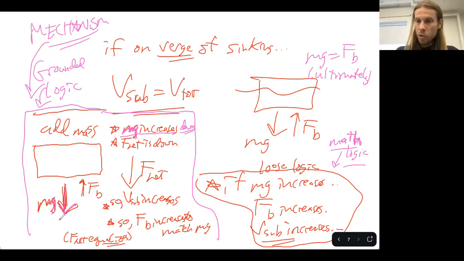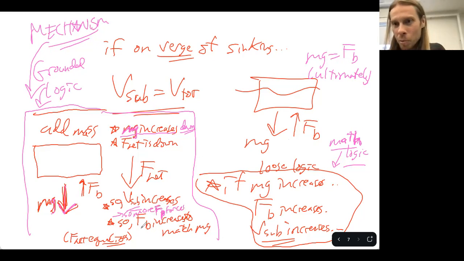Right? This pushes down, which increases V sub, and V sub, of course, increases by Archimedes' principle, increases the buoyancy force because there's more pressure forces, right? So V sub increases, so more FP forces, FP. And remember, the FP forces are FB.